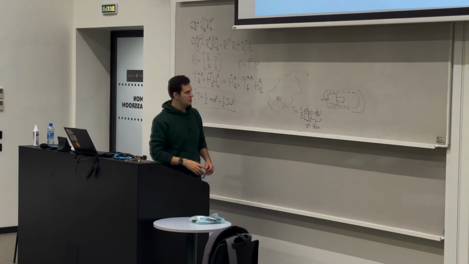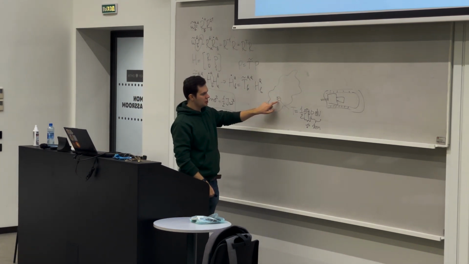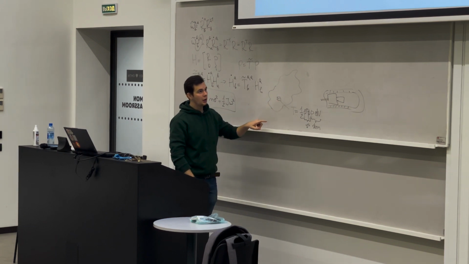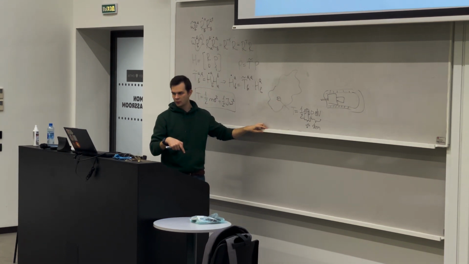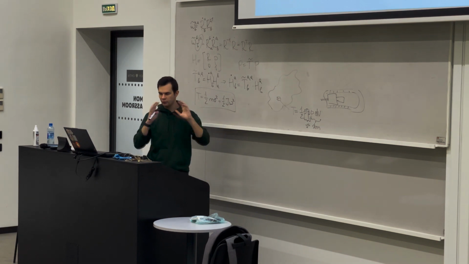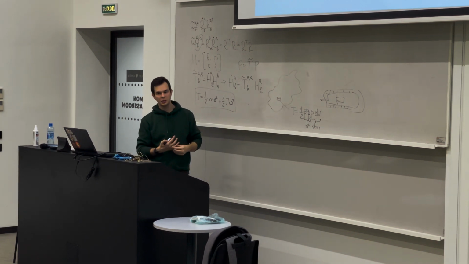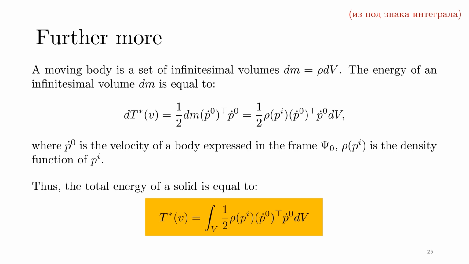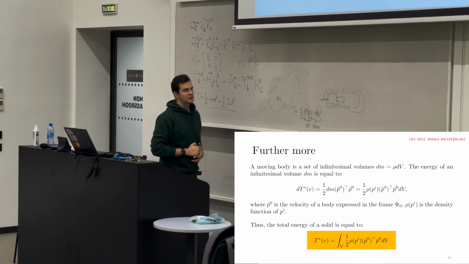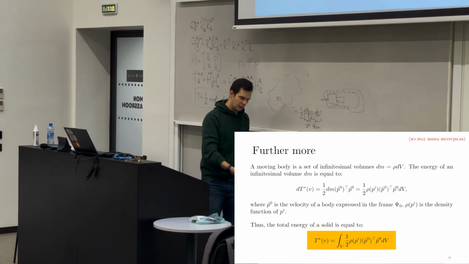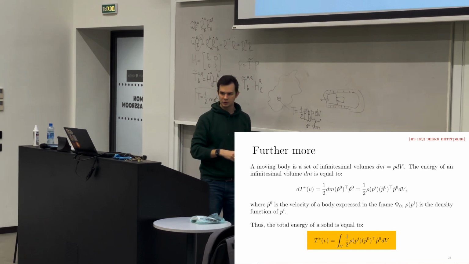So since we do understand the kinetic energy of this tiny piece, we can take an integral of the entire volume, and it will be the kinetic energy of the entire rigid body. Okay? So just the integral of this will be the kinetic energy of the whole body. We do understand that if something is constant, we can take it out of the integral sign. For example, 1/2 we can take out of the integral sign.